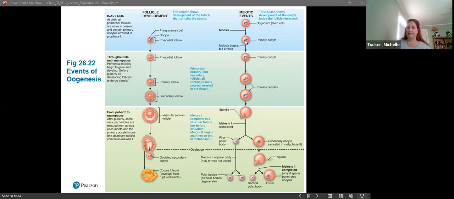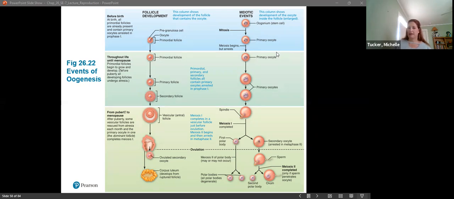Meiosis begins, but arrests right away at prophase 1 before crossing over even occurs. Baby is born, pre-puberty, and the oocytes still stay at this primary arrested stage.